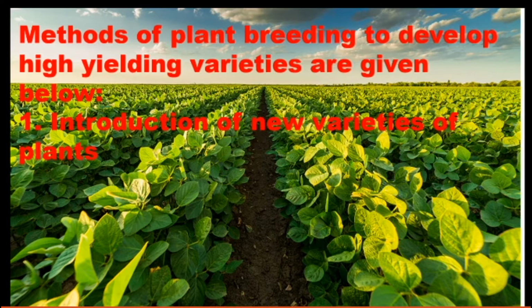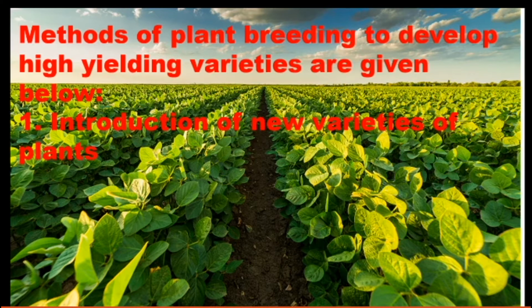Because the new variety carries desirable characters. For example, the new variety is resistant to disease. It means the plants are not affected by the disease, and are resistant to insects. So the plants have the resistance to protect themselves from the effects of insects.